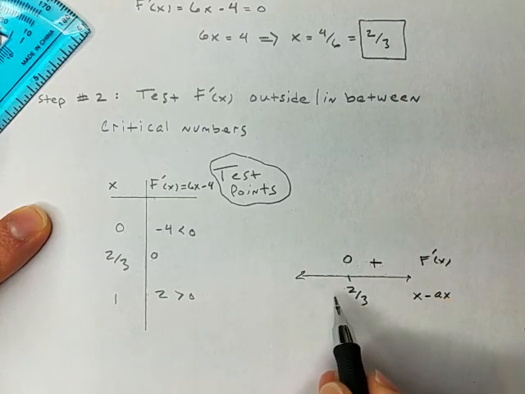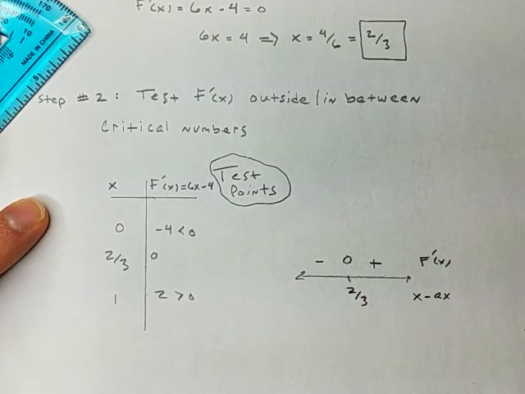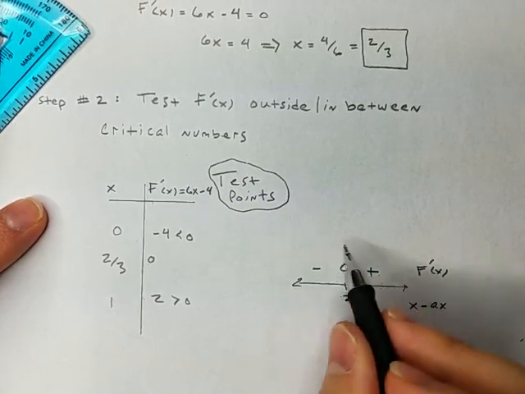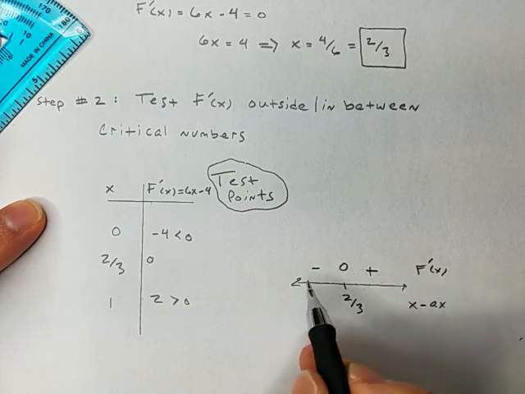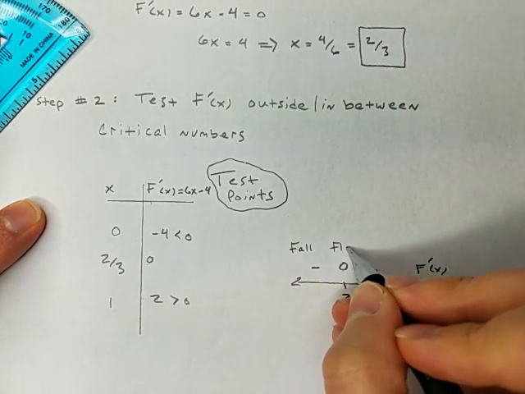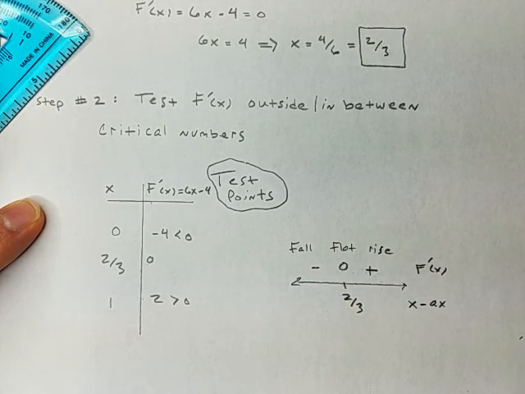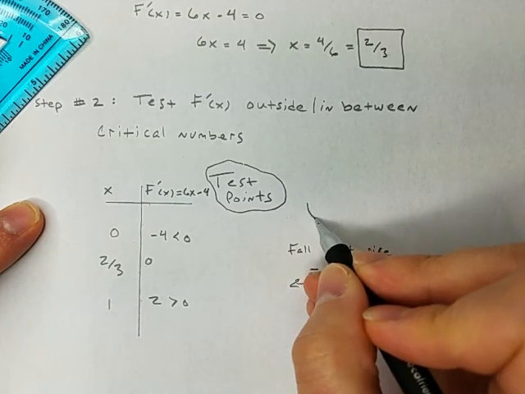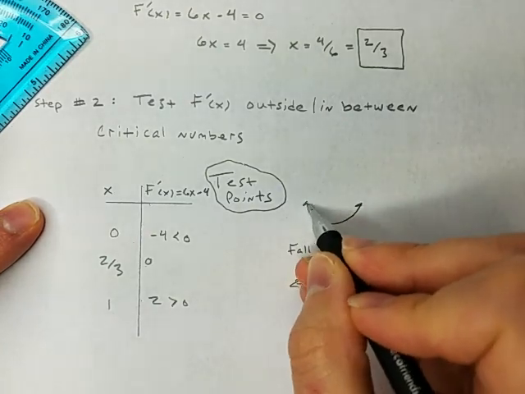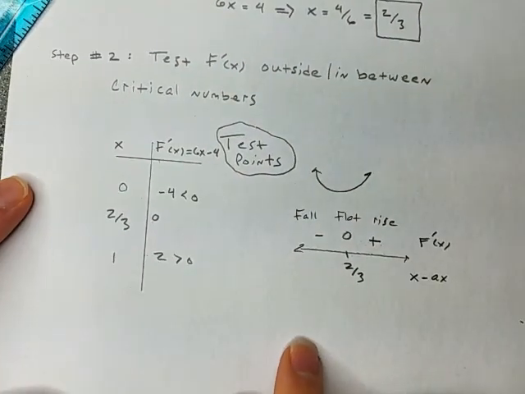Less than 2/3, the derivative is negative. So this gives me the shape of the curve right here. It's falling, and then it's flat, and then it's rising. So in other words, it looks something like that. You say, well, of course, it's a parabola. Of course it looks like that.